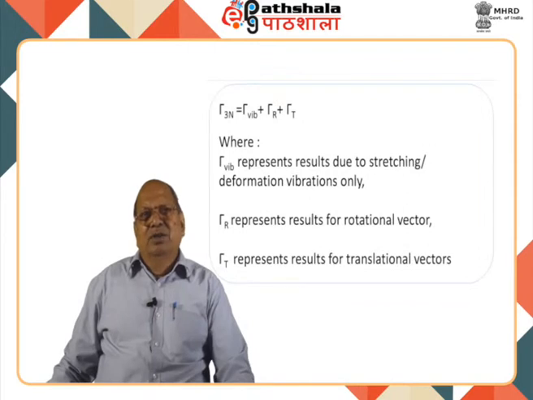Tau 3n therefore is equal to tau vibration plus tau r plus tau t, where tau vibration represents results due to stretching and deformation angle only. Tau r represents results for rotational vectors and tau t represents results for translational vectors.